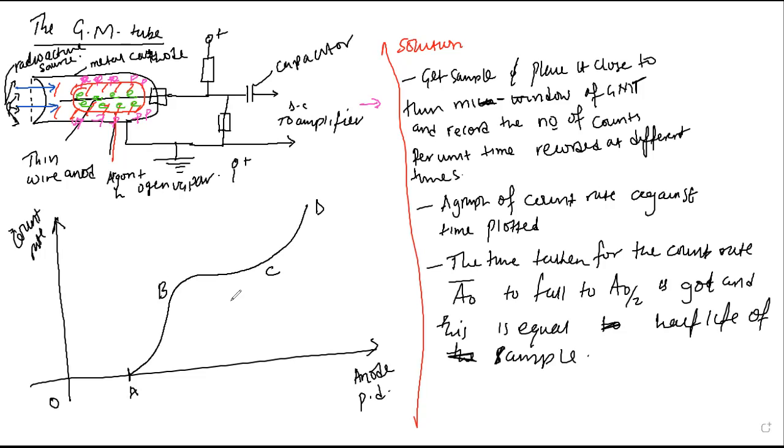For the GM tube, the PD at first, between O and A, is not high enough to produce any count rate which is detectable. That is why the graph shifts and starts from this PD V0, which is the threshold PD.